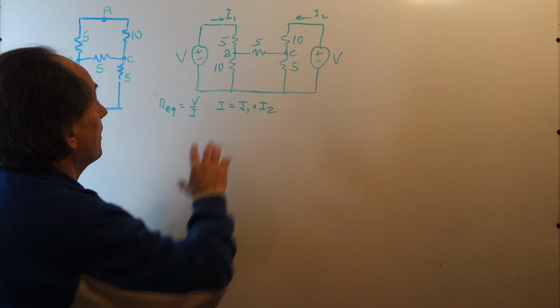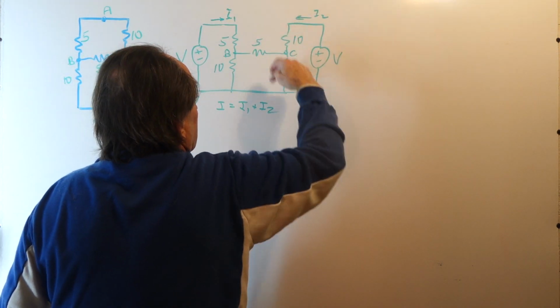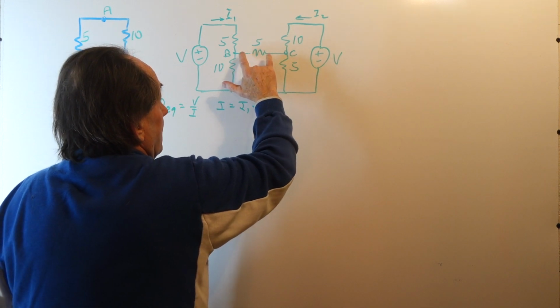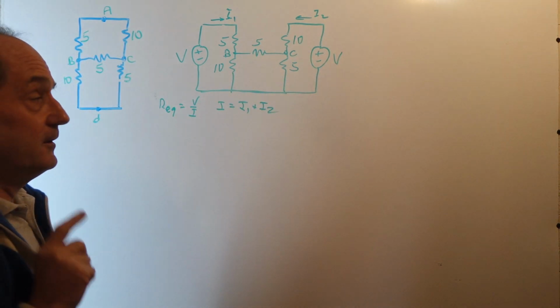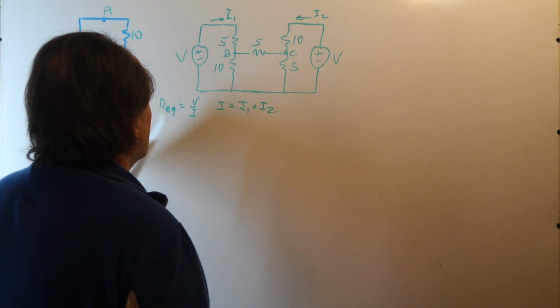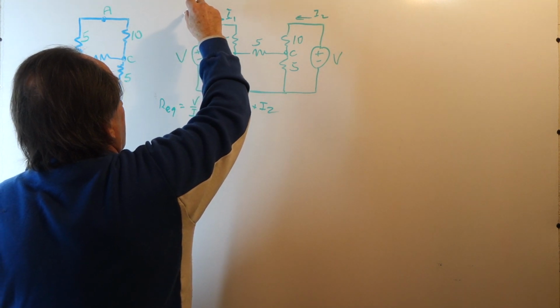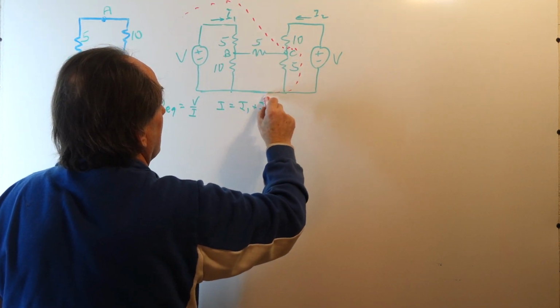Now, before, what we did is we isolated the network into two parts on either side of the bridge resistor and represented it as a Thevenin equivalent. Now I'm going to go one step deeper in, and I'm going to represent the network and find its Thevenin equivalent on this part.